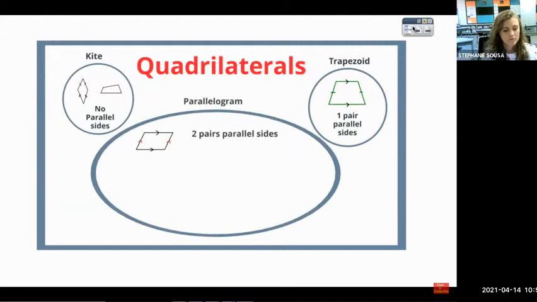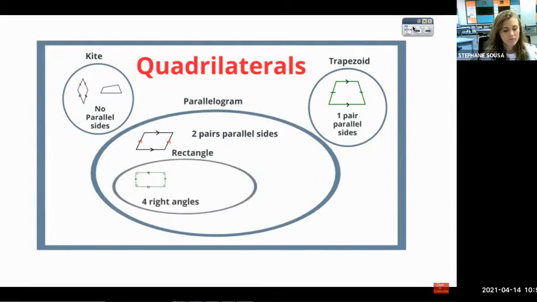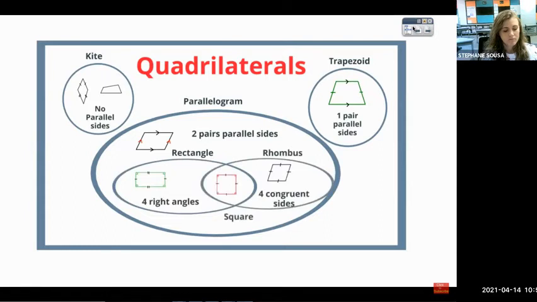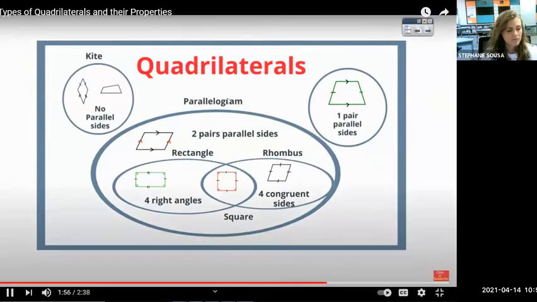A parallelogram with all right angles would be a rectangle. Parallelogram with 4 congruent sides is a rhombus. And then a square is a combination of both of these. You have a rectangle and a rhombus, so a square has all right angles and 4 congruent sides.